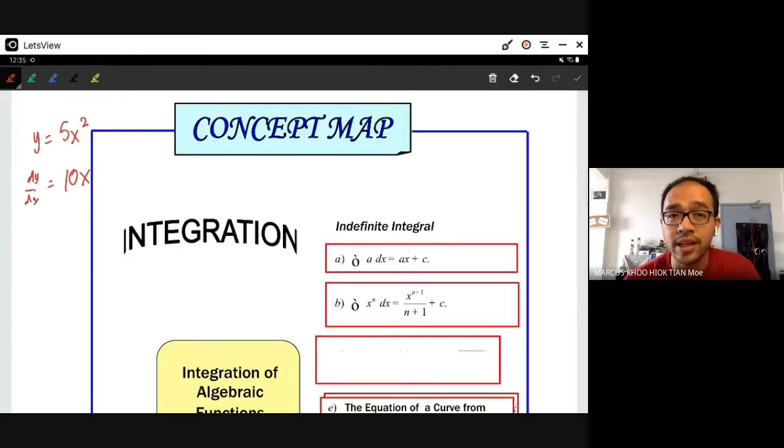The good news is that there is no first principle that you have to learn. I'm sure there's a first principle, but you don't have to learn it. It's not like differentiation, where you have to know the shortcut method and also the first principle method. For integration it is not that much, and today we're going to focus on two types of integration.